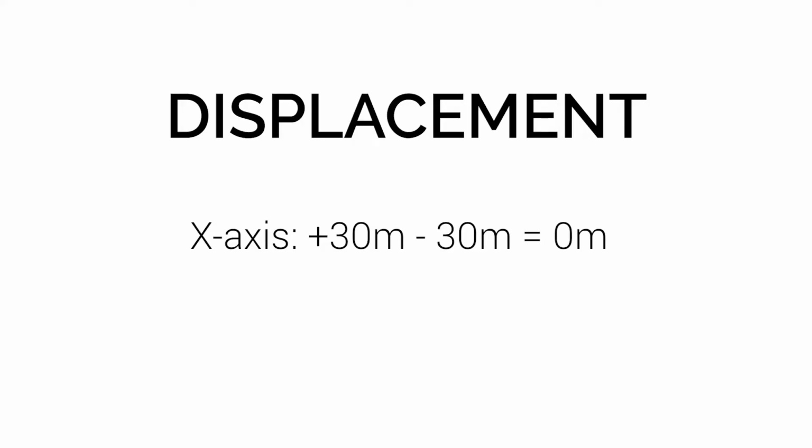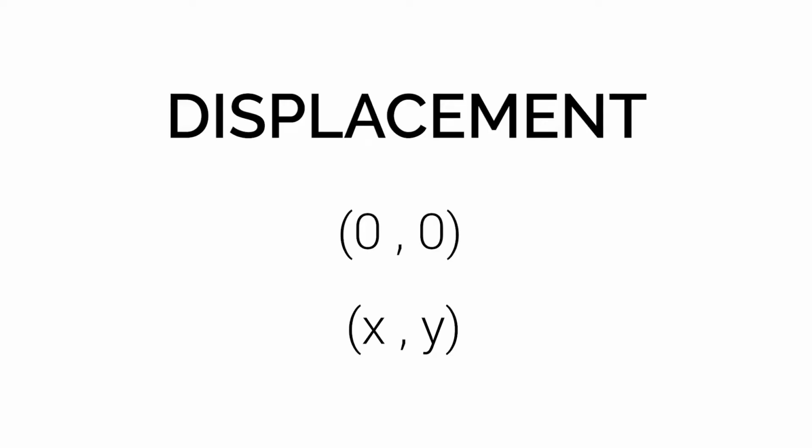So 30 minus 30 again is 0. So we break down both horizontal and vertical motion, and overall we get 0 and 0, like coordinates on a map. He ends up back to where he was. So that's what displacement is. Where distance we had 120 meters, we've got 0 meters in terms of displacement.